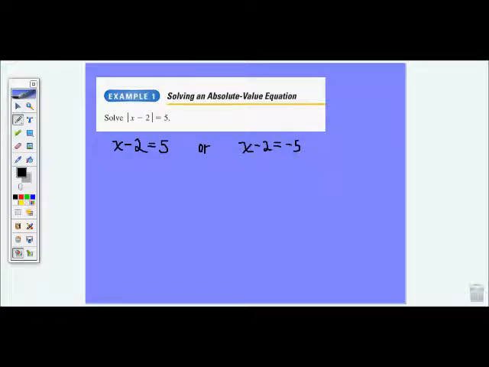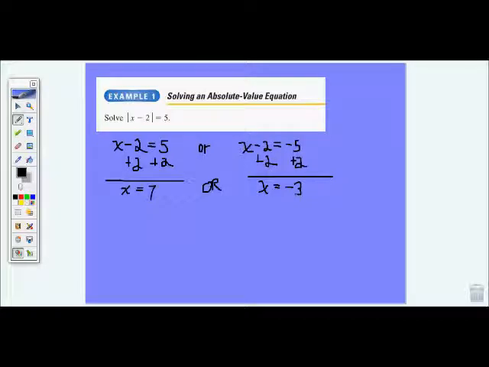Now that I have the two different possible solutions, it's just a simple equation to solve again. So get my like terms together, adding 2 to both sides leaves me with x could be equal to 7, or solving over here, same thing to both sides, balanced equation, and this time x is going to equal -5 combined with a positive 2 would give me -3.